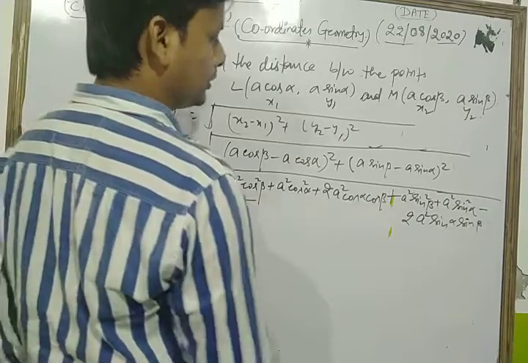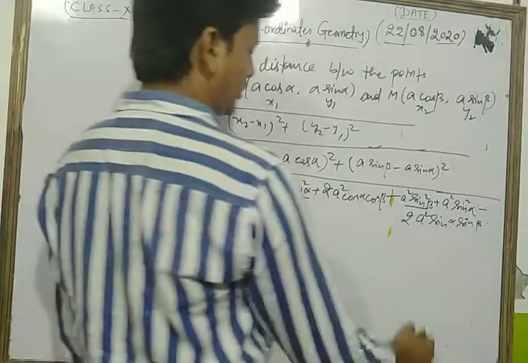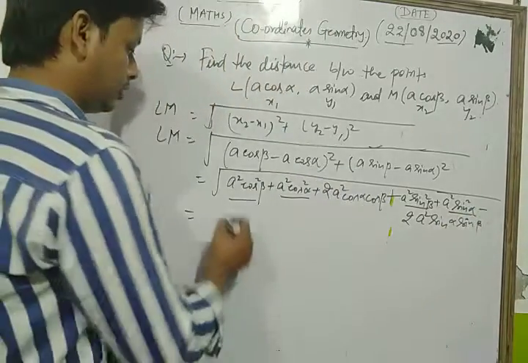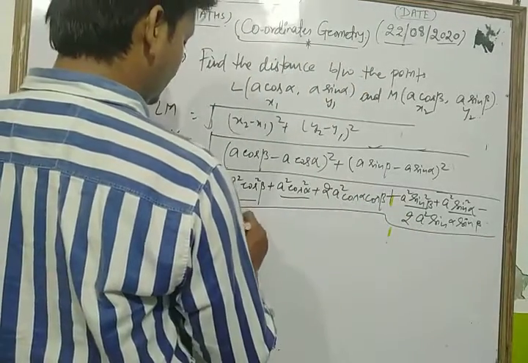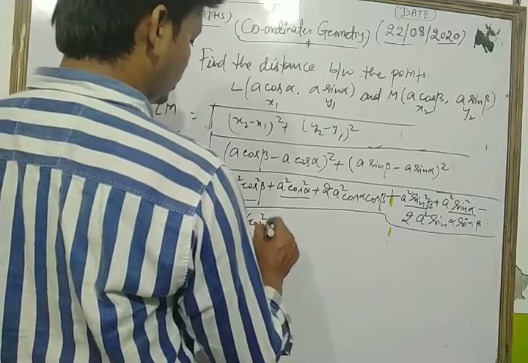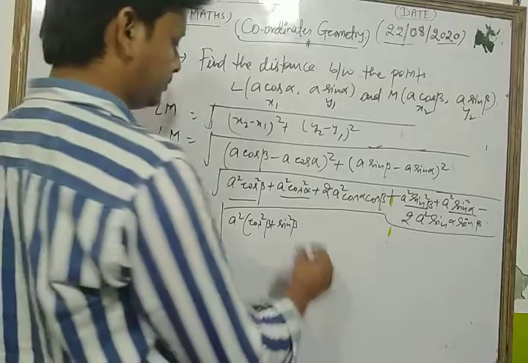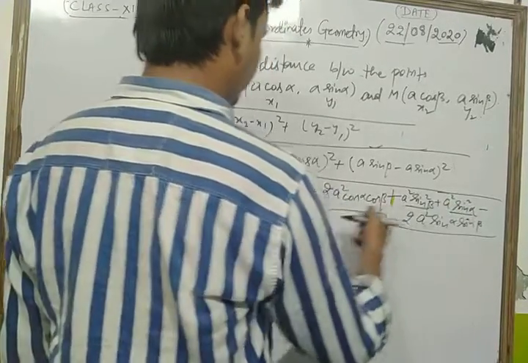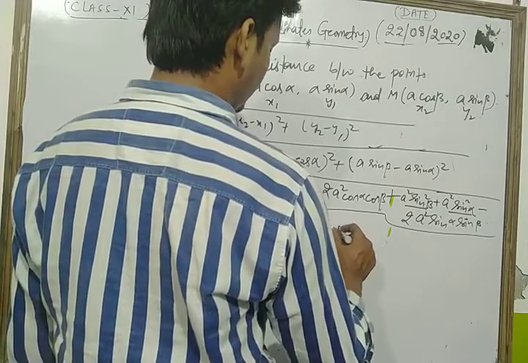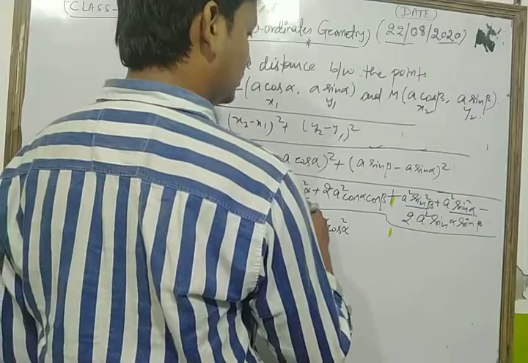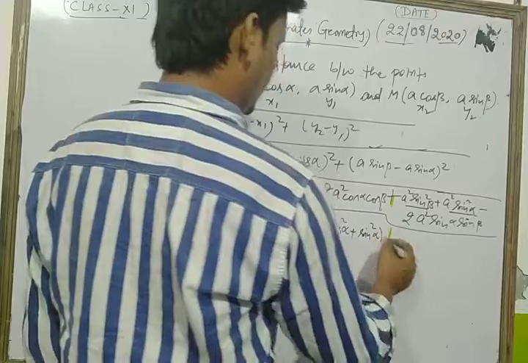We take A square cos square beta and A square sin square beta together, and we take A square cos square alpha and A square sin square alpha together. Now we take A square as common, so we get A square (cos square beta plus sin square beta) plus A square (cos square alpha plus sin square alpha).